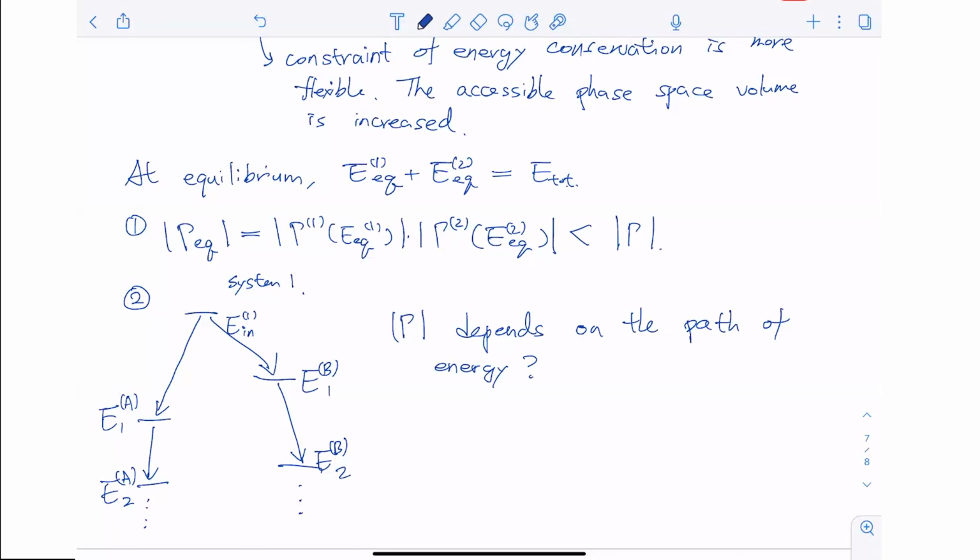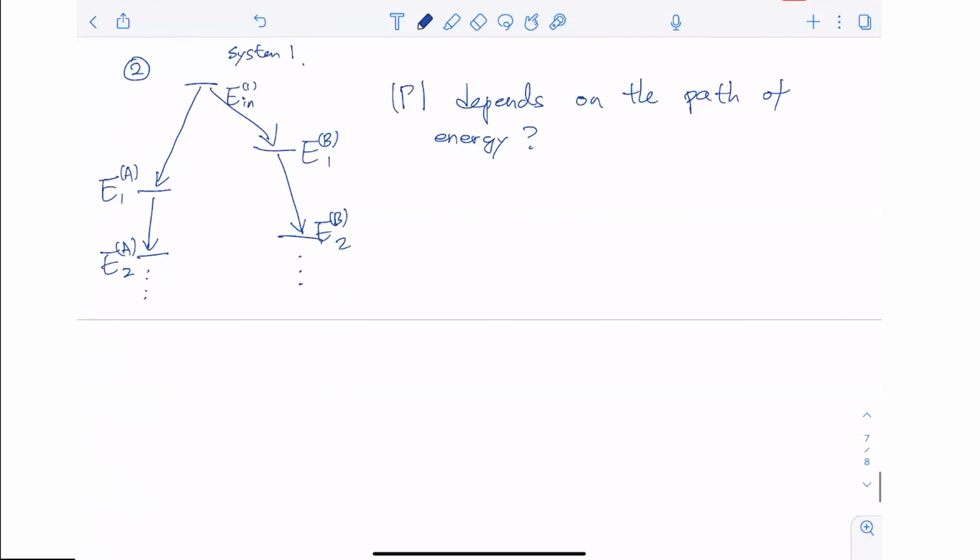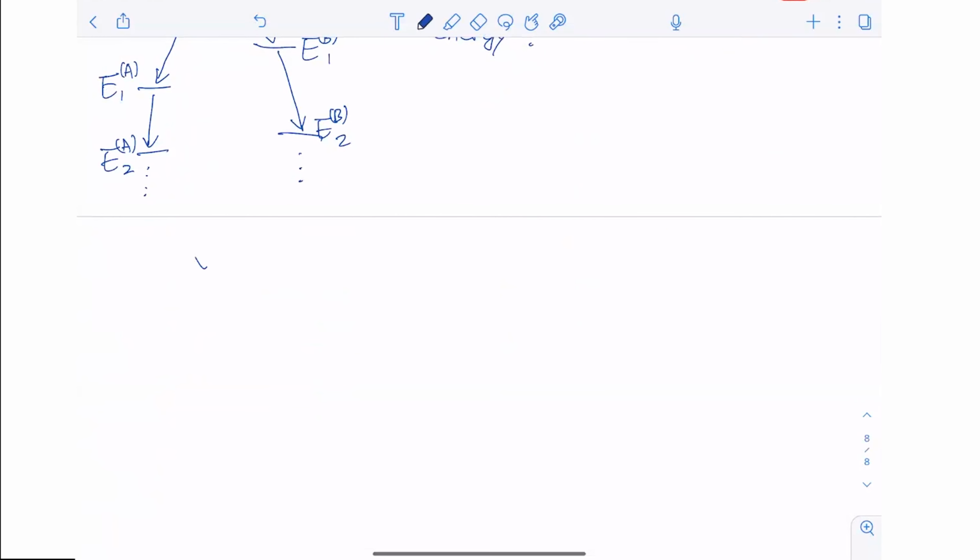So even though we formally write down the possible volume of the phase space gamma, the question is how it is related to the equilibrium configuration of our phase space.